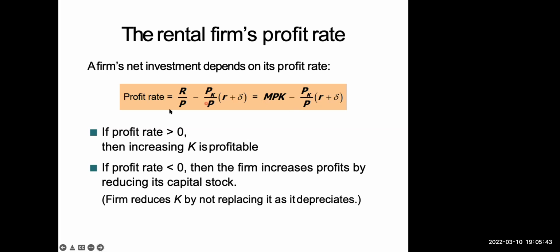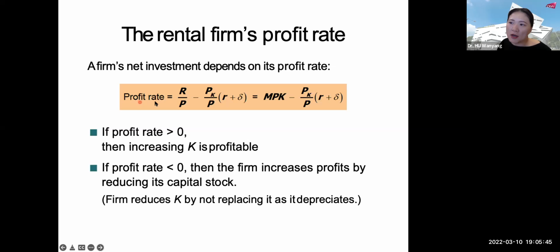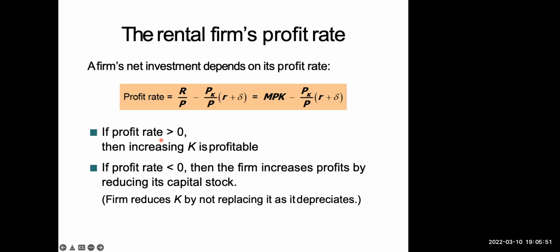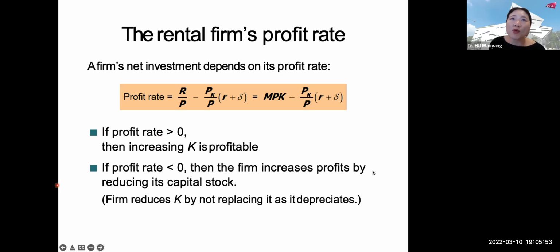Okay, so if this profit rate is greater than 0, it means that it makes sense to increase the capital, because it's profitable. If the profit rate is positive, then we increase the capital.